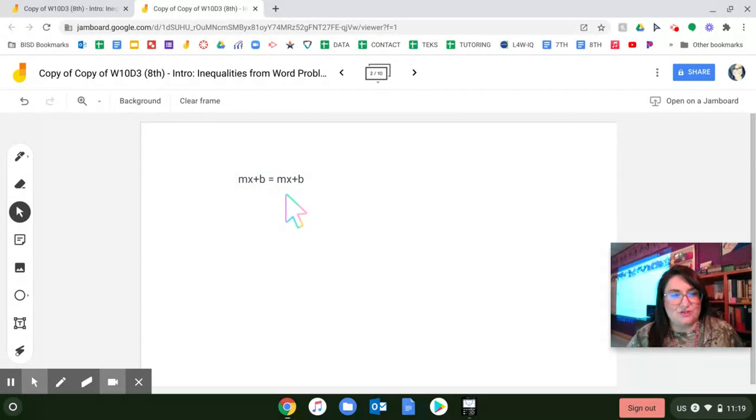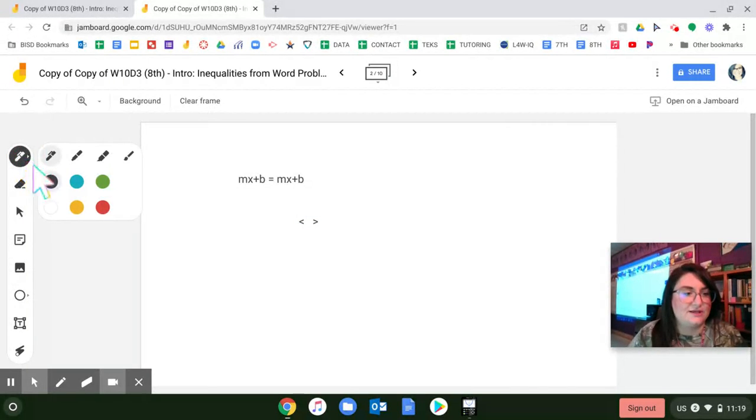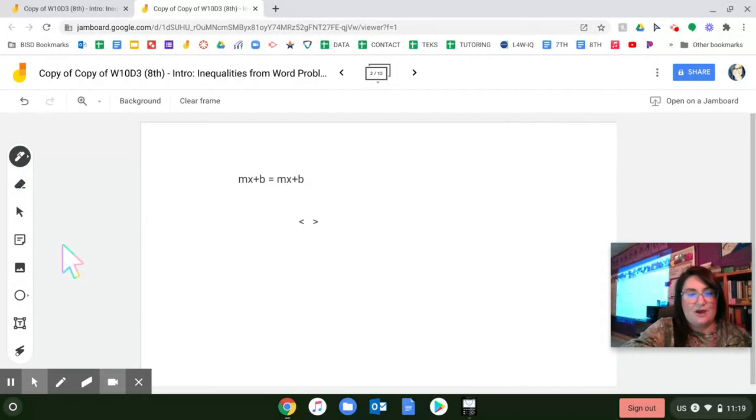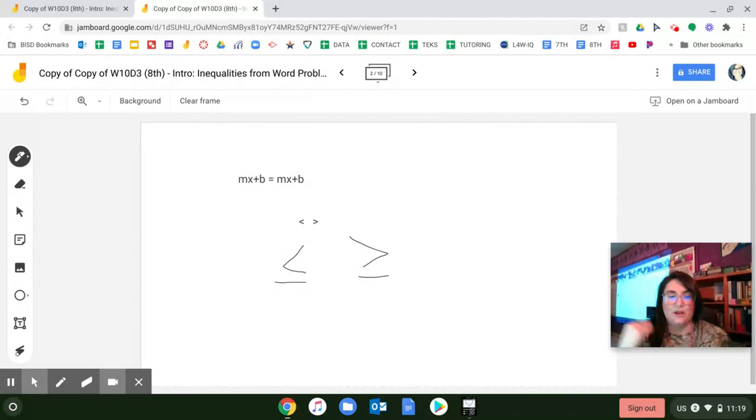The only difference with these inequality problems is that instead of an equal sign, you're going to have an inequality. Those look like this: less than, greater than. They can also look like this: less than or equal to, greater than or equal to.